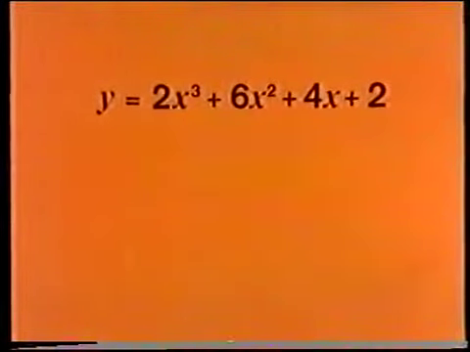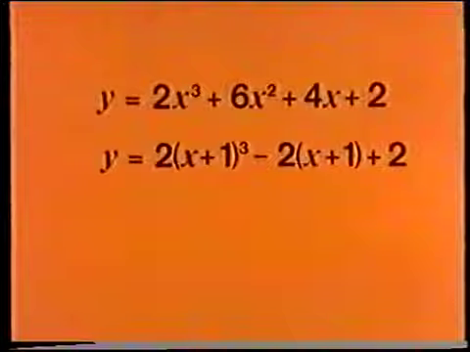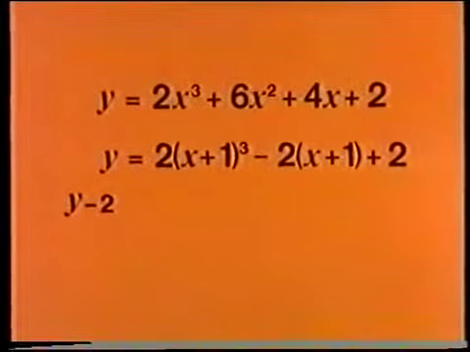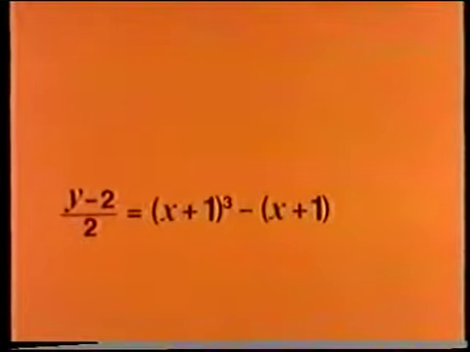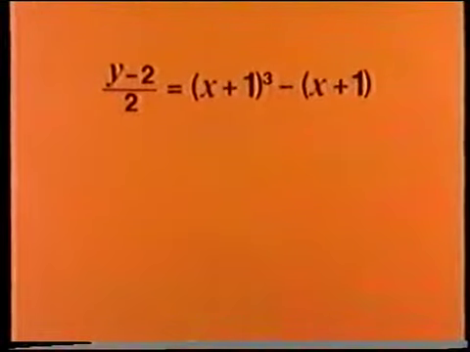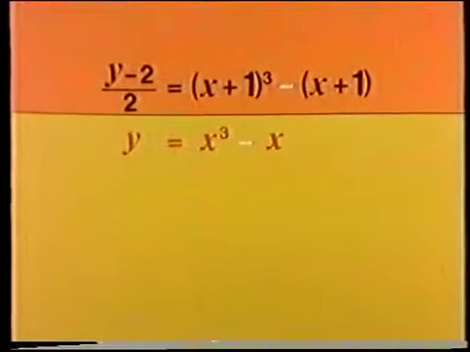Before the program, you showed that our original expression could be written like this. If you take the 2 on the end across and divide by 2, you're left with something recognizable. It's this minus sign that gives us the clue. It tells us we're dealing with an x cubed minus x type of cubic.